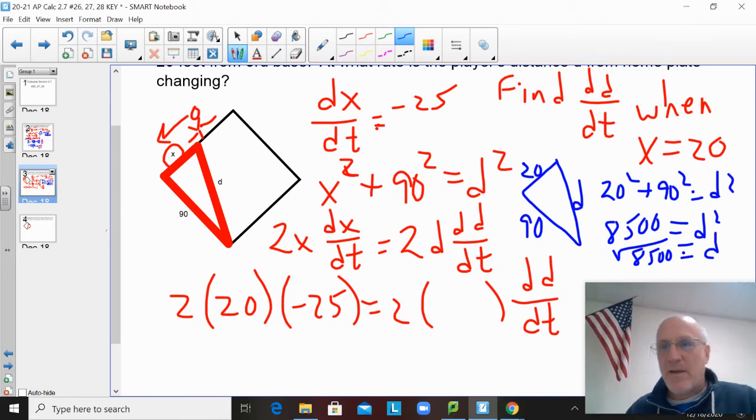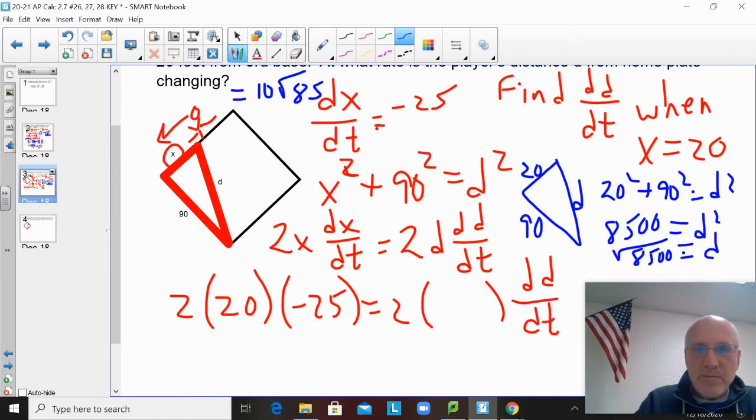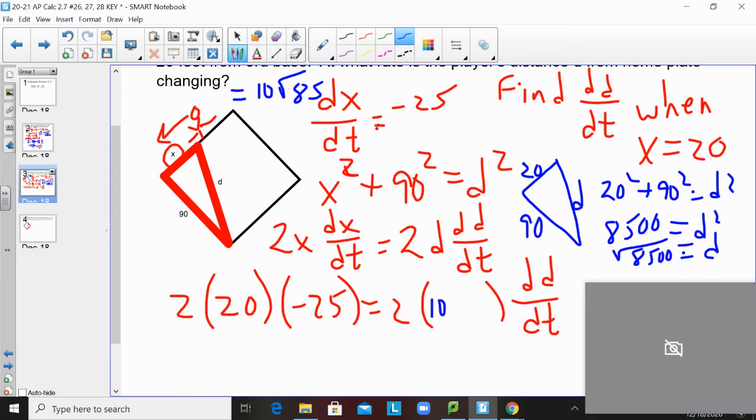And I actually could clean that up. That's 85 times 100, which is 10 root 85. Not that you'd have to simplify it, but I think I will. So that goes in here, 10 root 85.